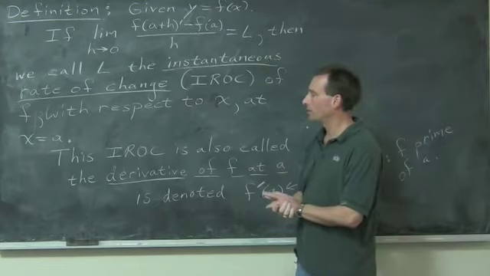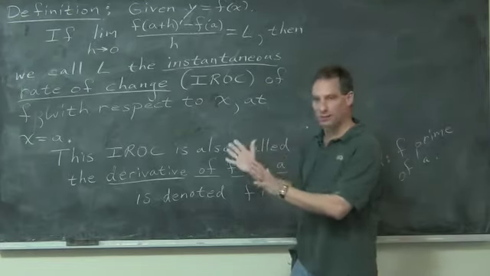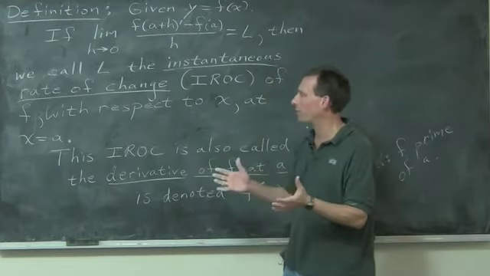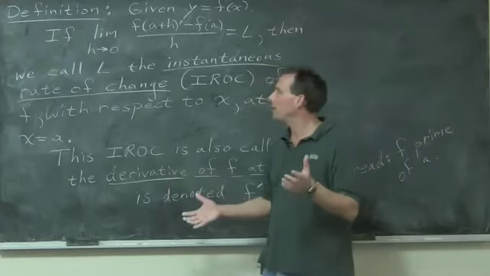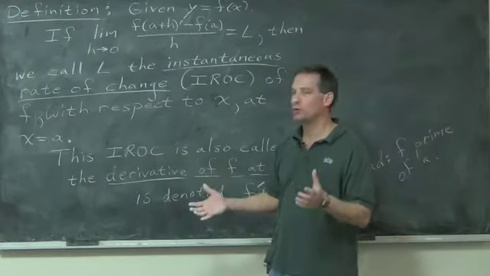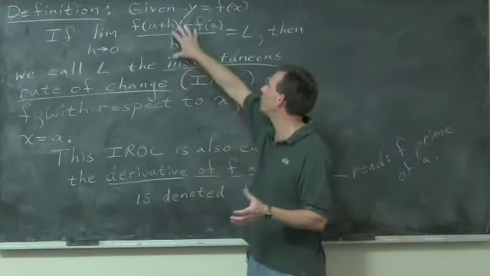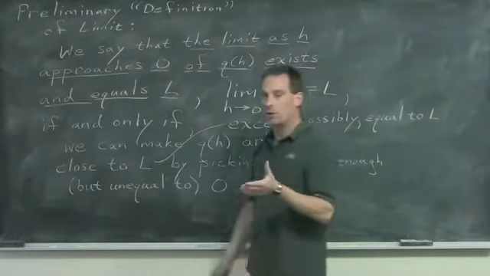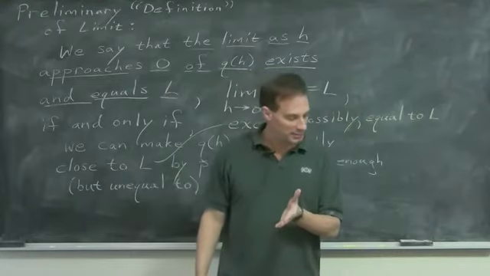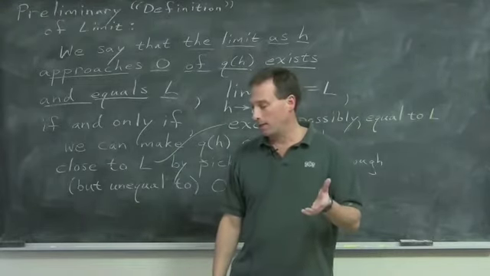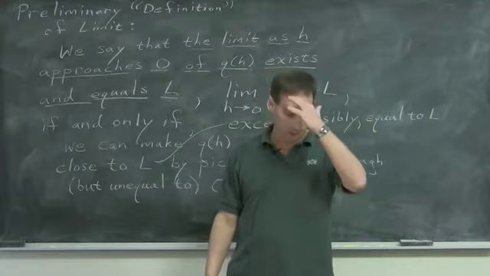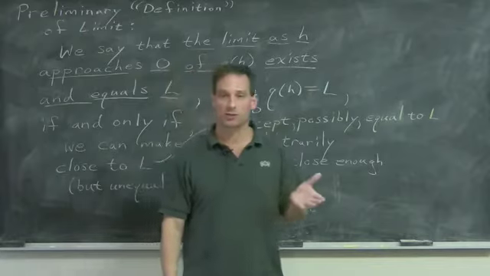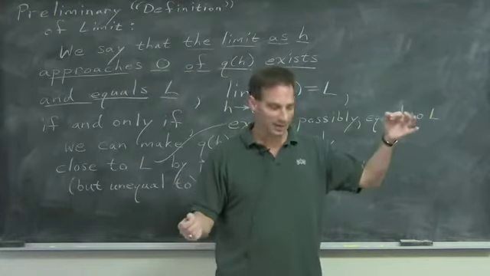All right, let's actually do an example where we can work some stuff out, where it will become more clear what I mean by if you take h close enough to 0, you can make this quotient arbitrarily close to L. So I want to look at an example that we looked at last time, the area of a widescreen television as a function of the diagonal length.